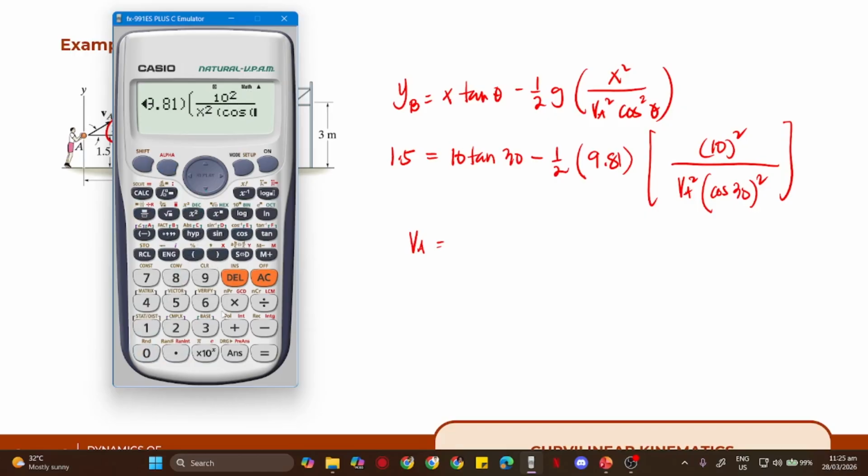Then we have here cosine 30 and then square. So, shift solve, let's set the guess to 10 to make it easier. As you can see, 12.37.